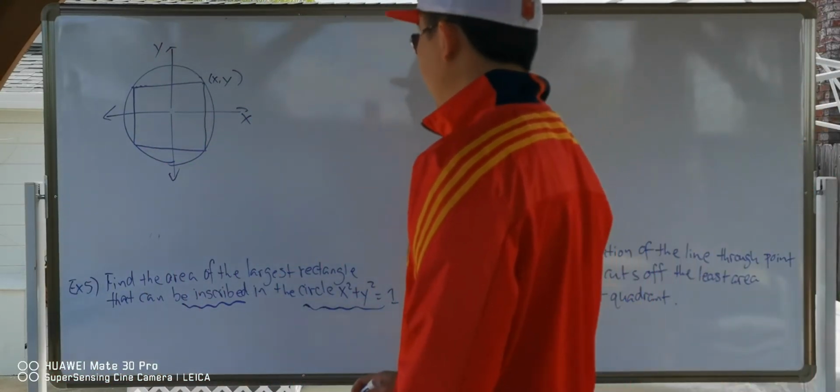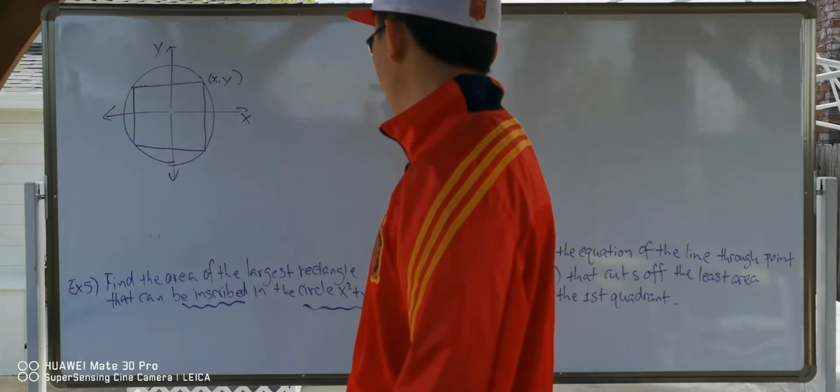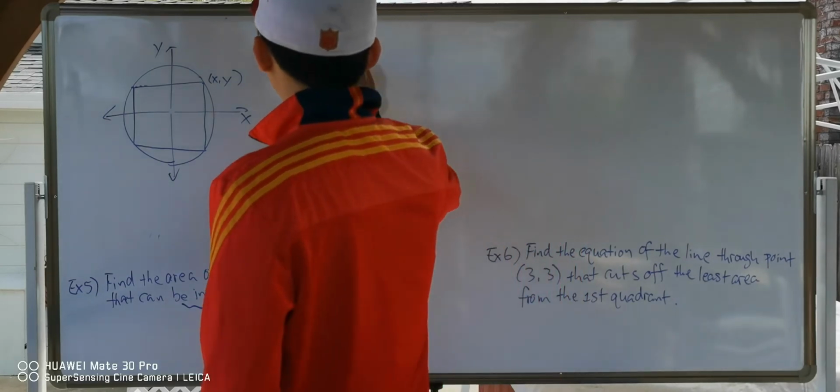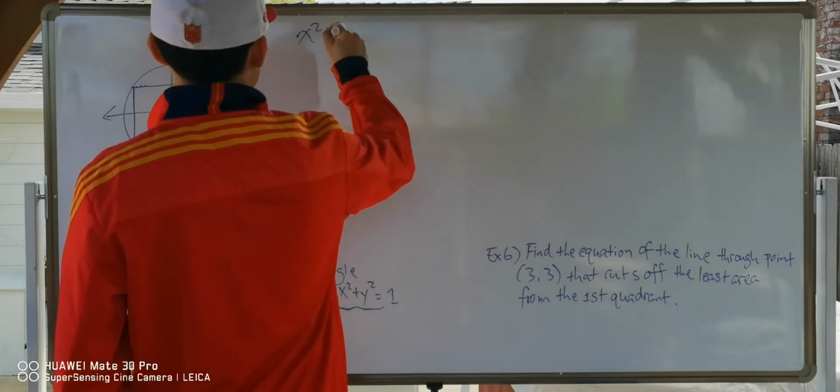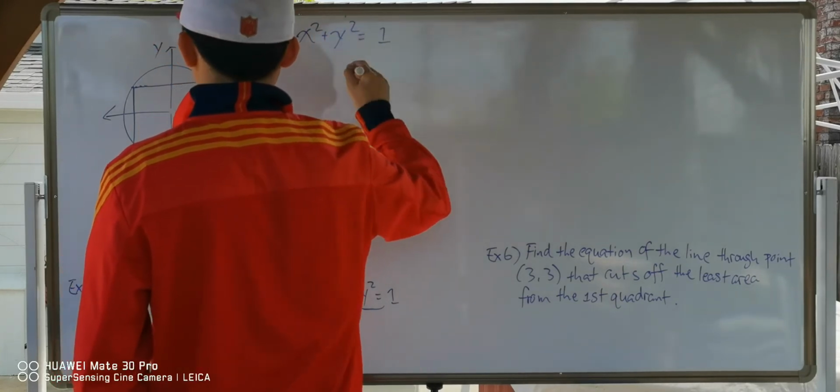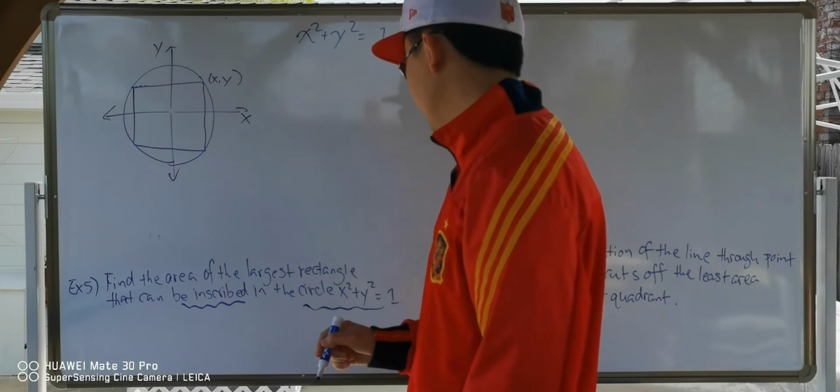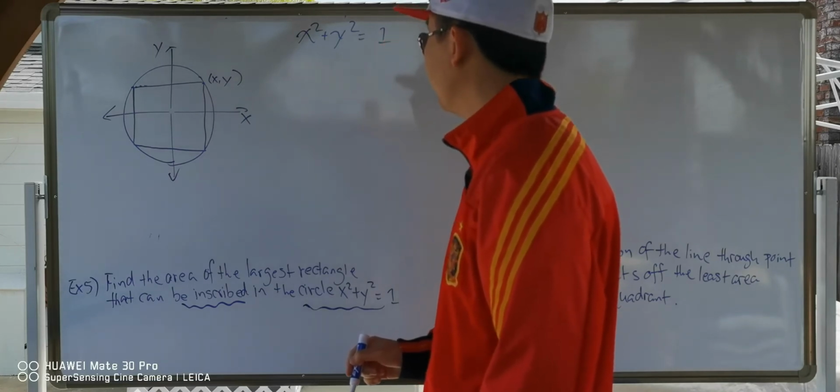Okay, so now let's find out what that is. x squared plus y squared equals 1, so that's one of the equations we know. And we need to maximize the area of the rectangle.